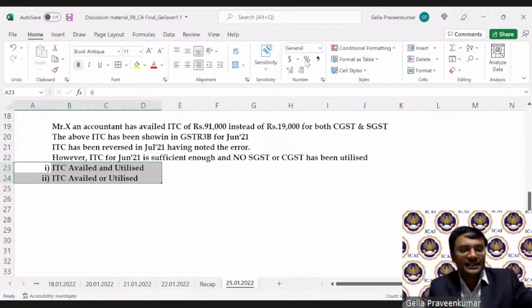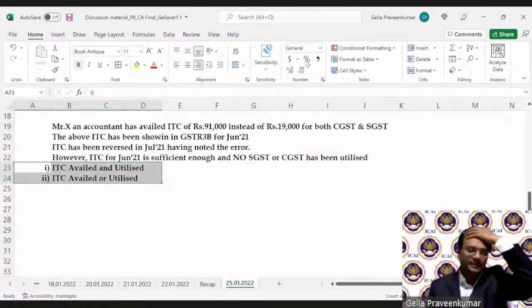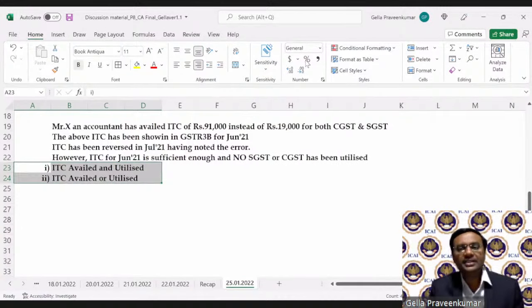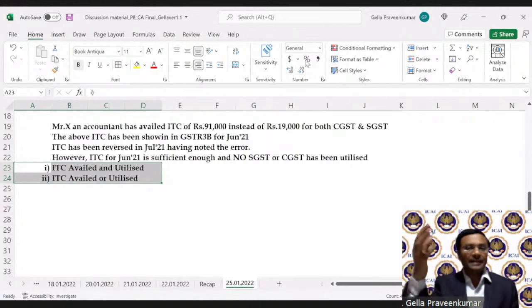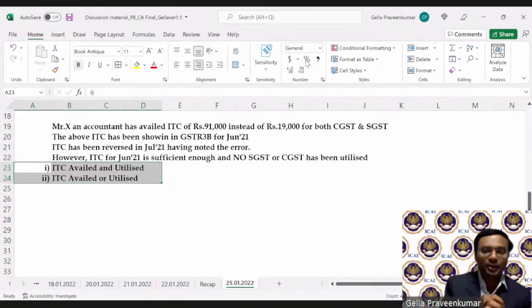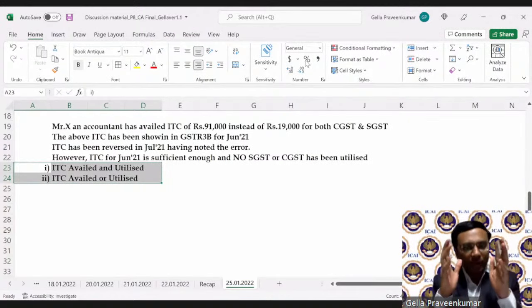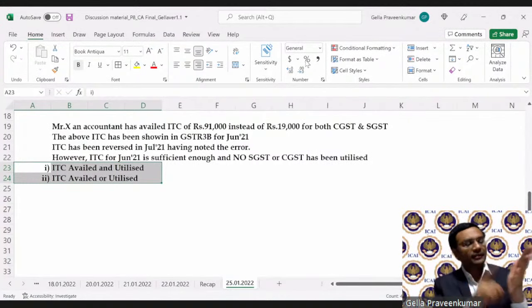Sairam gave his answer, willful misstatement. Geeta says intentionally done. If it is done intentionally, it is a fraud. Akshay says it is a willful misstatement. Okay. Your points may be, like Namita has given her view, a proper officer's view that it is a fraud, a willful misstatement, a suppression.